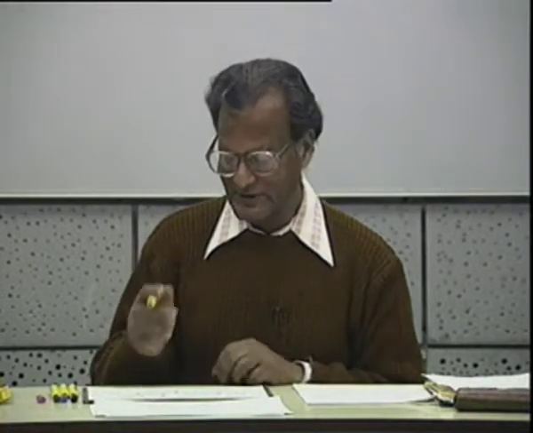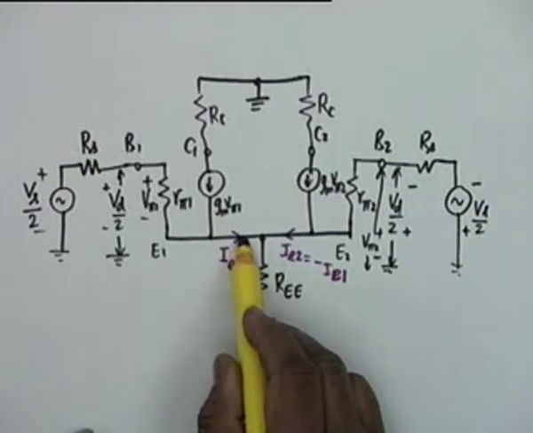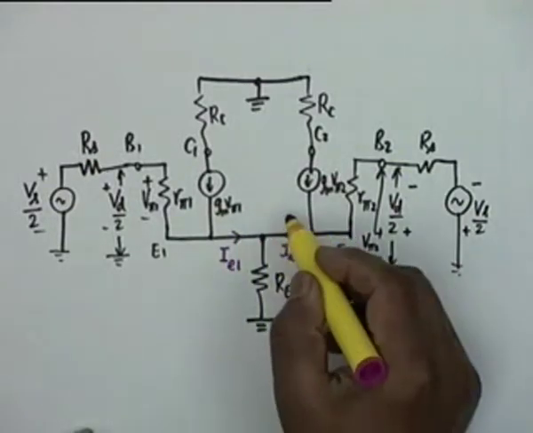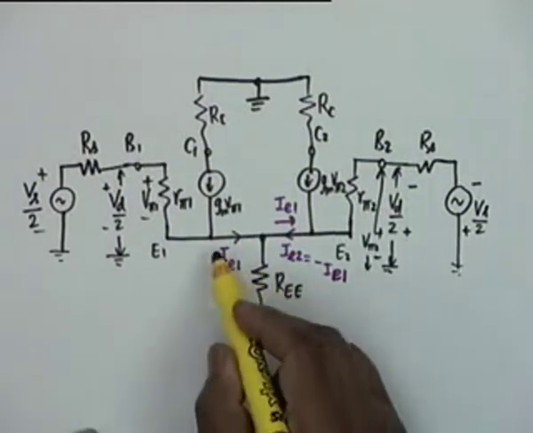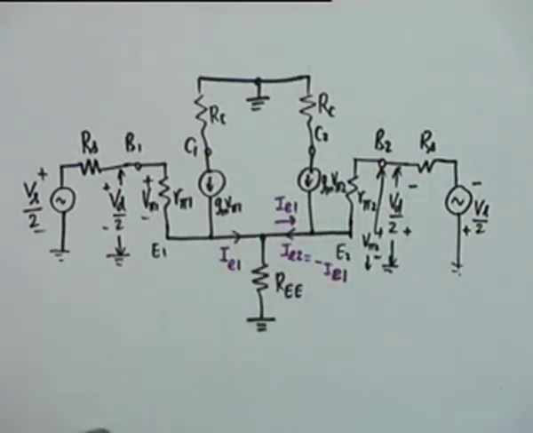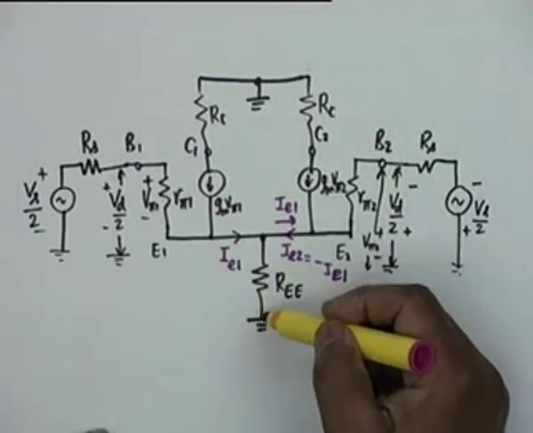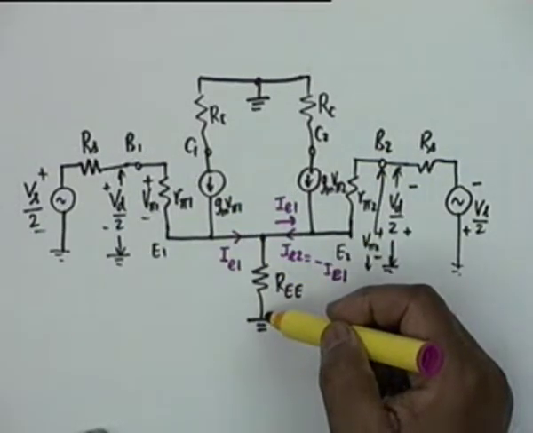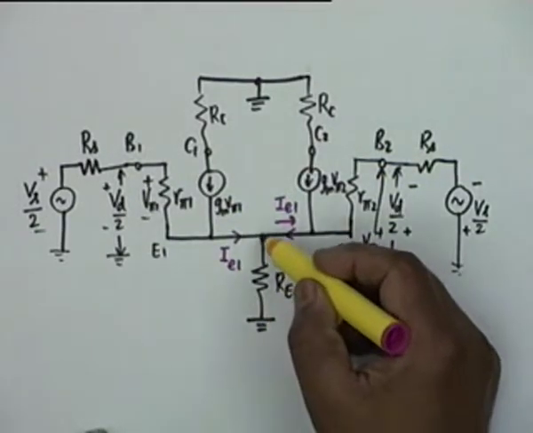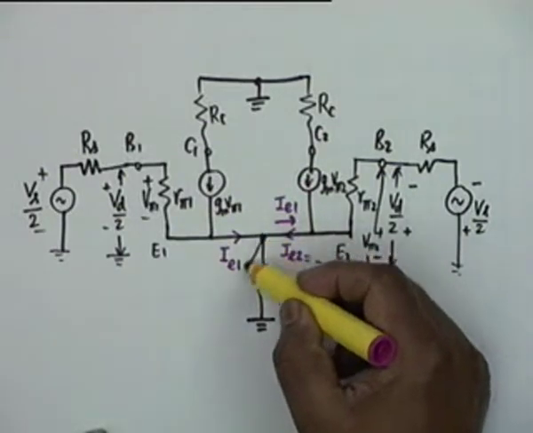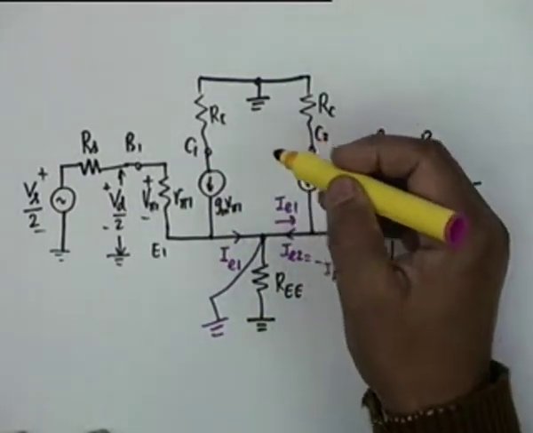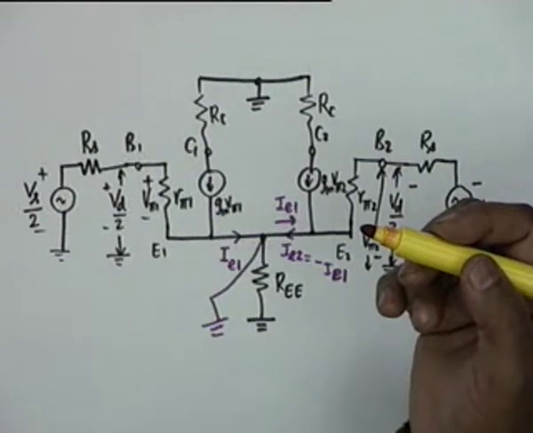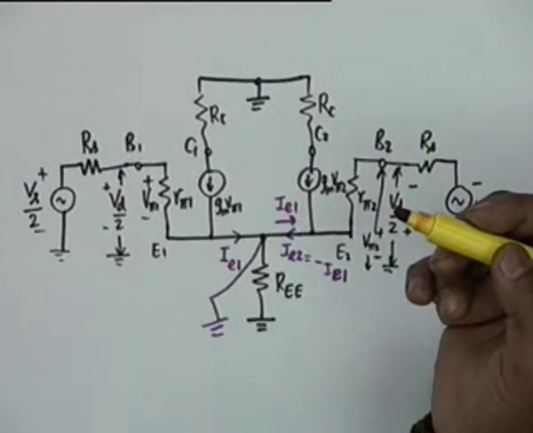And therefore, what virtually happens is IE1 comes here and goes away like this. No current flows through REE, which means that this point is virtually grounded. And if that is so, then the equivalent circuit simplifies greatly.